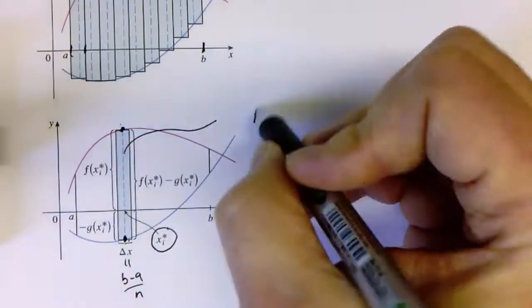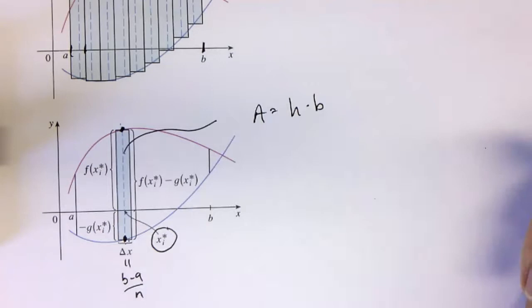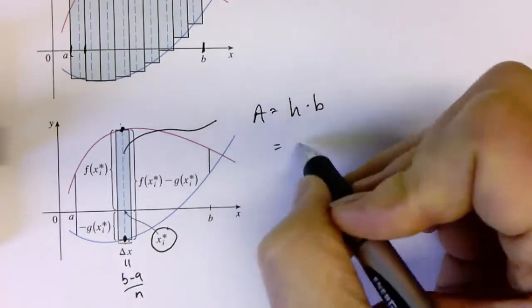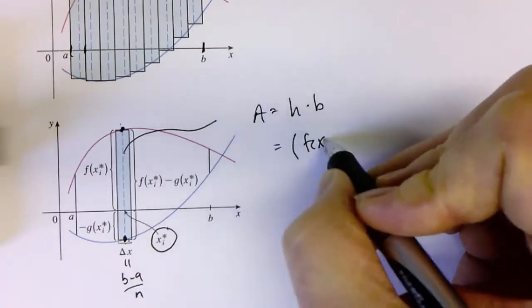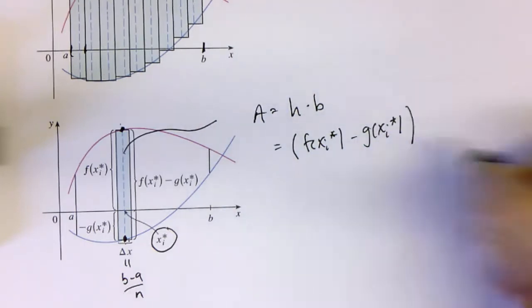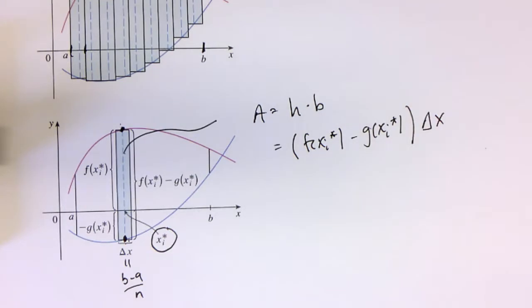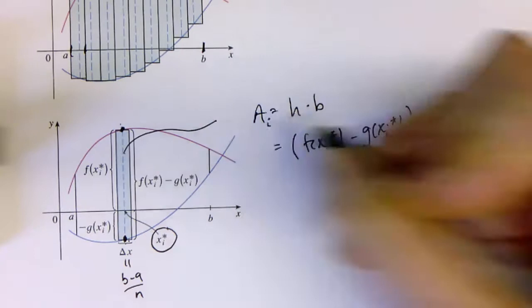So the area of the rectangle is height times base, or base times height, I just wrote it funny, is the height times the width. Okay, so that's the area of one rectangle. We could call that area i.